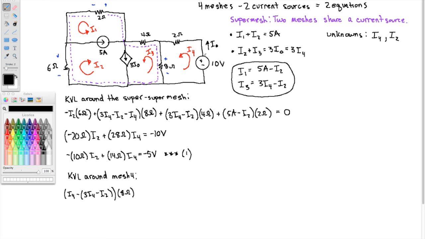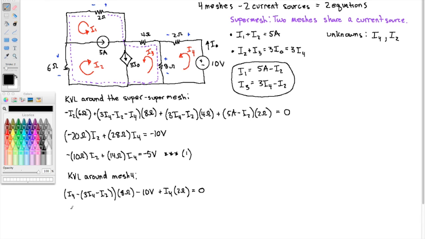Now I need to increase by 10 volts, so that's a minus 10 volts. That puts me at the top right. And I need the drop in this direction from right to left across that thing. Only I4 contributes to that current, and that's in the direction from right to left, so that's plus I4 times the 2 ohms, and I'm back to where I started, so that gives me 0.